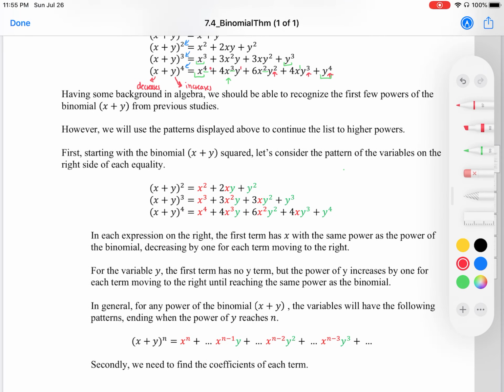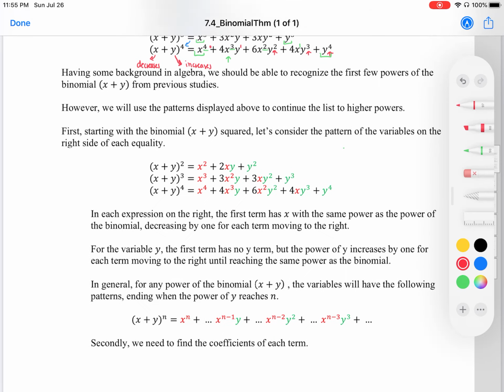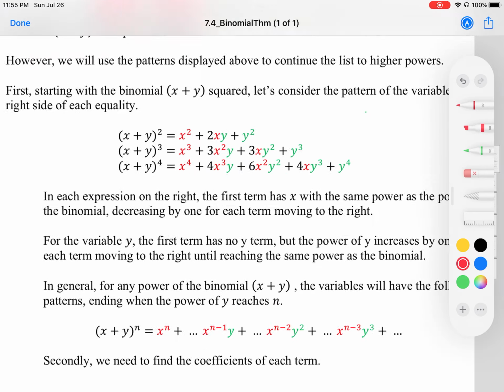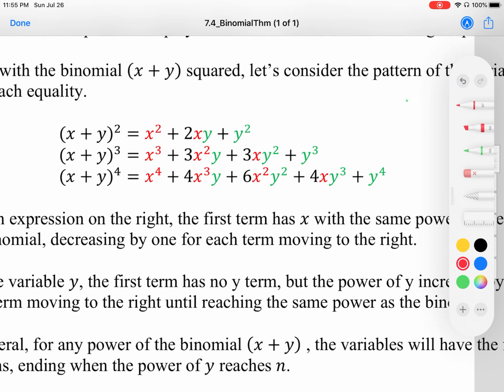Having some background in algebra, we should be able to recognize the first few powers of a binomial from previous studies. However, we will use the patterns displayed above to continue the list to higher powers. First, starting with the binomial x plus y squared, let's consider the pattern of the variables on the right side of each equality. Here our x's are written first, and then our y's second.